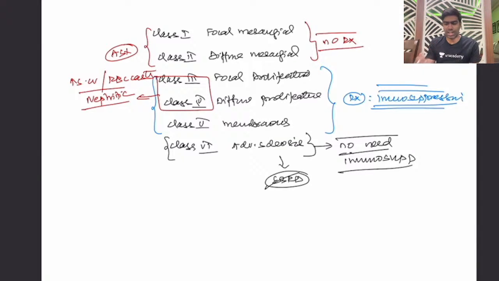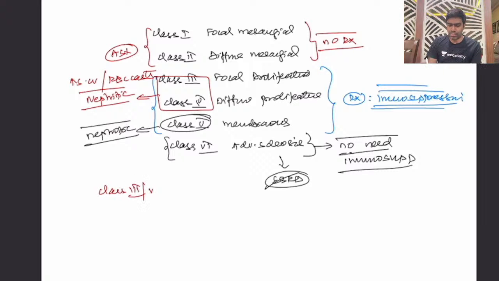So this is the nephritic presentation. But your class 5 patients are going to have a nephrotic presentation. You know what we mean by nephrotic presentation: these patients are going to present with proteinuria. So that's the idea. So how are you going to treat class 3 and class 4 lupus nephritis?